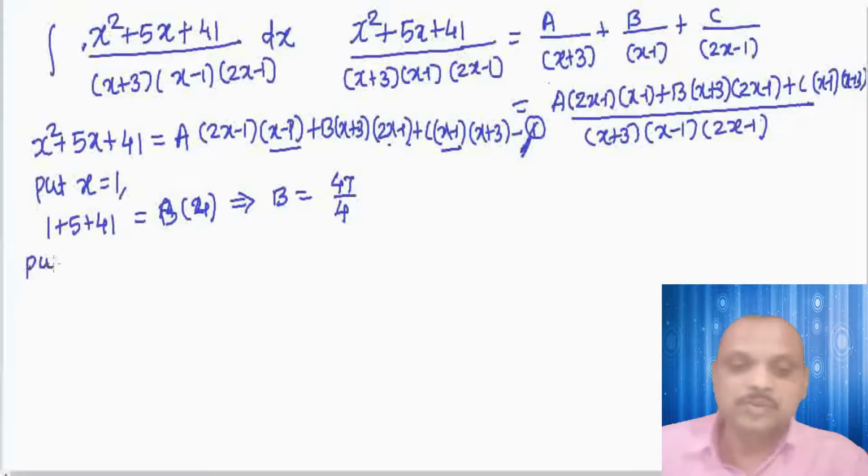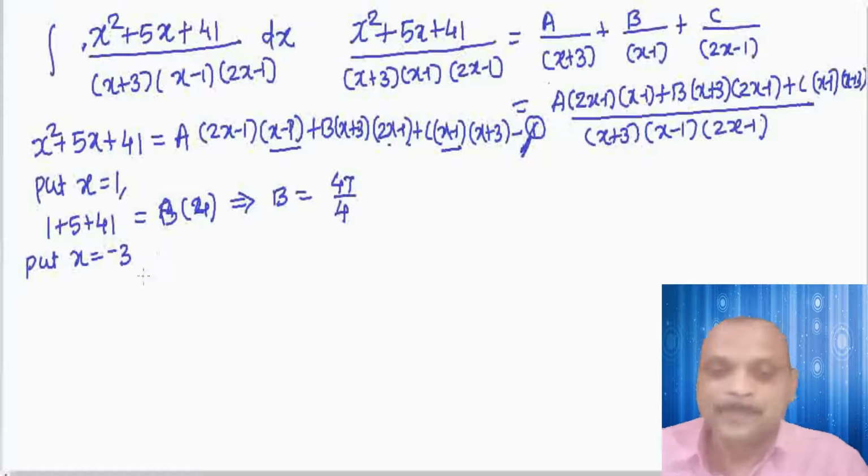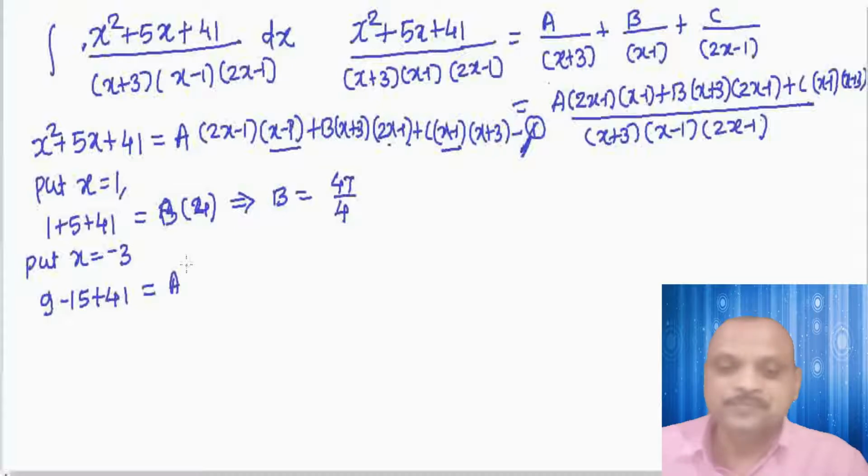Now put x equal to minus 3. If we put x equal to minus 3, square that is 9, minus 15 plus 41 equal to A into minus 3 into 2 minus 6 minus 1, that is minus 7, into minus 3 minus 1, that is minus 4.